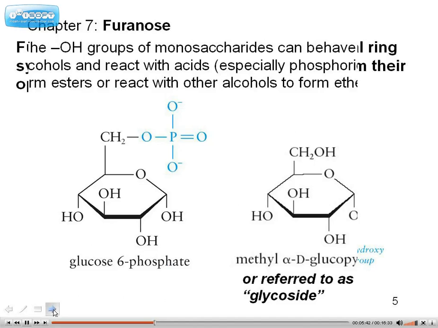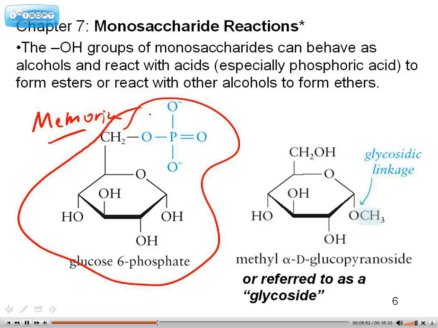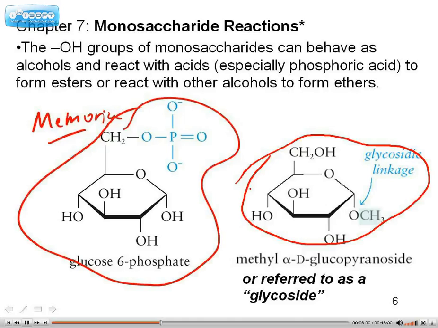And here are various molecules you need to, guess what? Memorize. So memorize this structure right here, glucose 6-phosphate, and then memorize the structure right here. We call this methyl alpha-D-glucopyranoside.